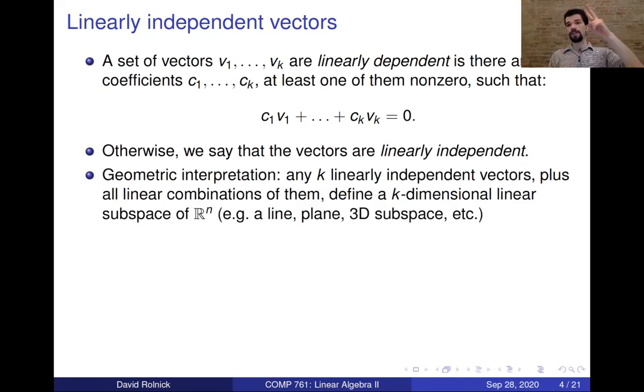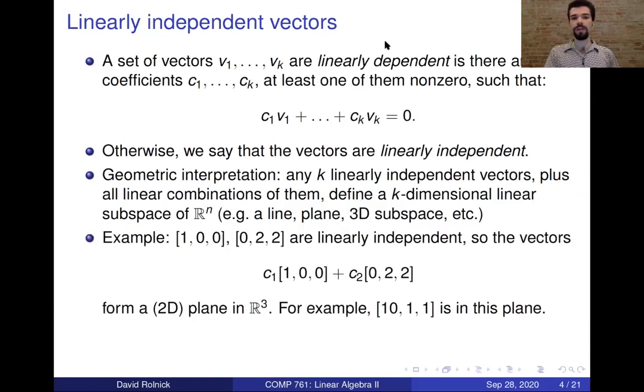Two vectors being linearly dependent means that one is just a multiple of the other, and so 2 linearly dependent vectors define a line. But if you have 2 independent vectors, then they define a plane through 3-dimensional space. And in higher dimensions, you could also have 3 linearly independent vectors, which would define a 3-dimensional subspace, or 4, which would define a 4-dimensional subspace, and so on.